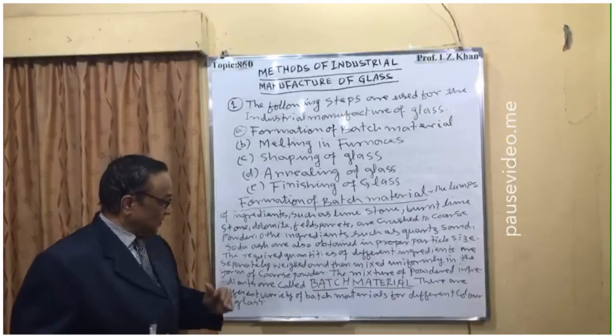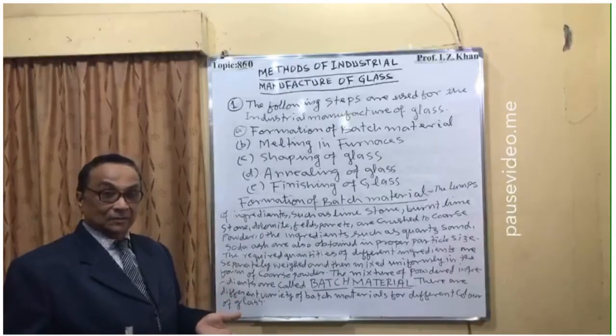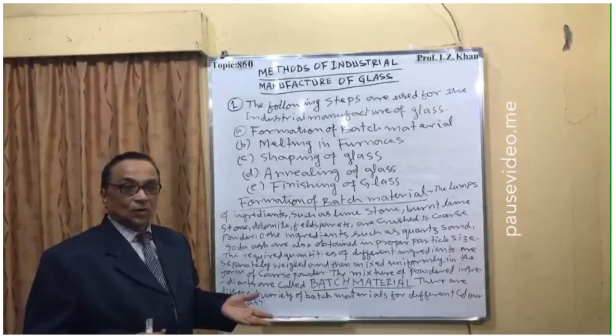And there are different varieties of batch materials for different colors of glasses, like blue, yellow, white, green.